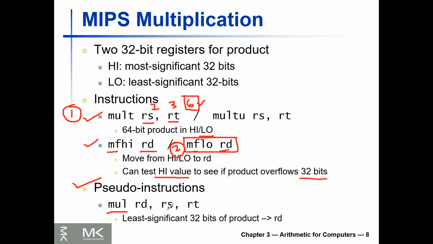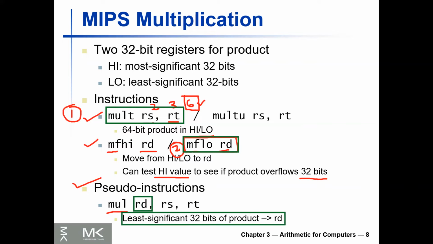So this instruction is equivalent to two instructions. What are the two instructions? I am going to highlight: this is one instruction, and this is the other. So the instruction MUL RD, RS, RT comprises two instructions. This way, we will have in RD the least significant 32 bits of the product. Is this explanation clear to all of you?